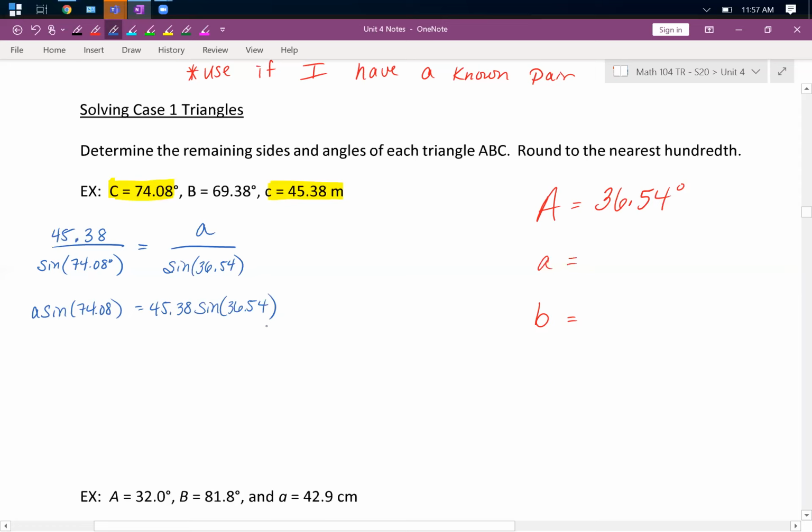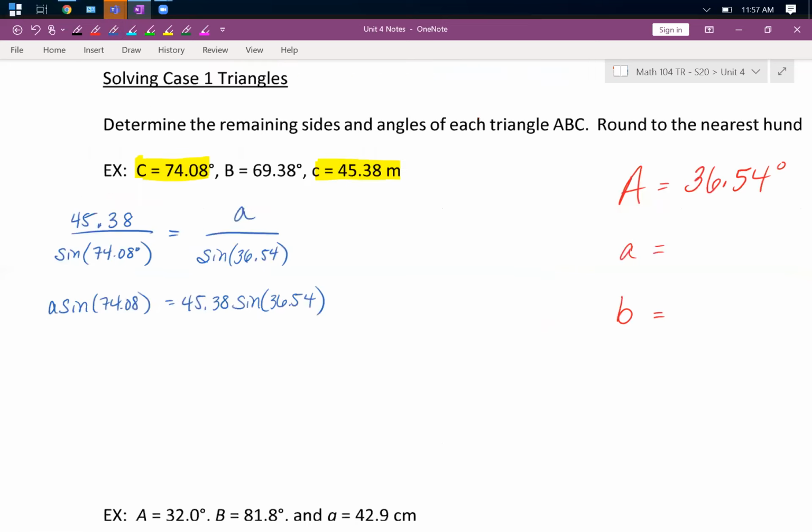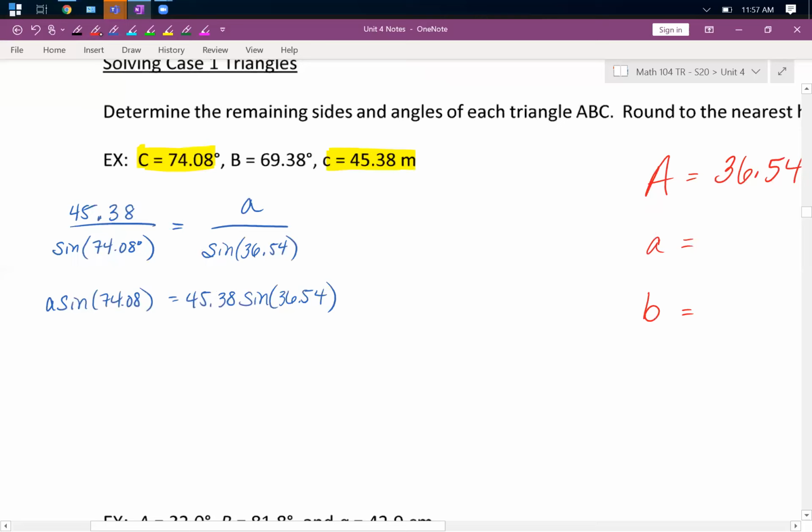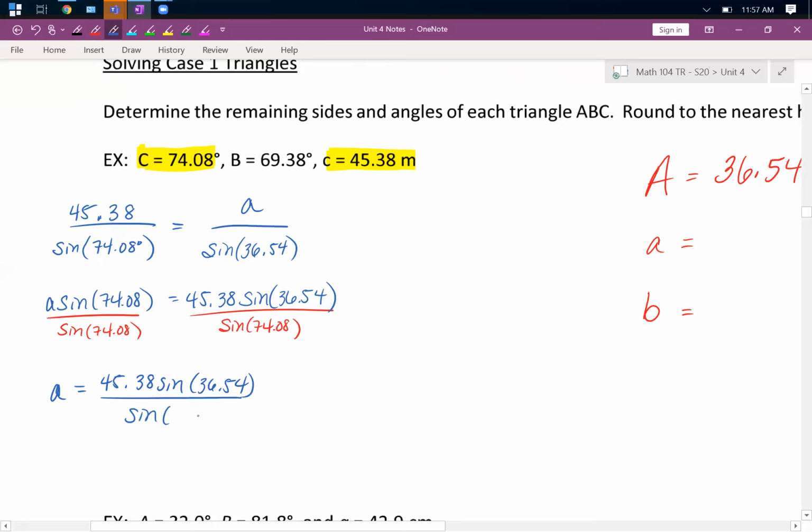And then the last thing we need to do to solve for A is just divide. So A is going to be equal to 45.38 sine of 36.54 divided by sine 74.08.